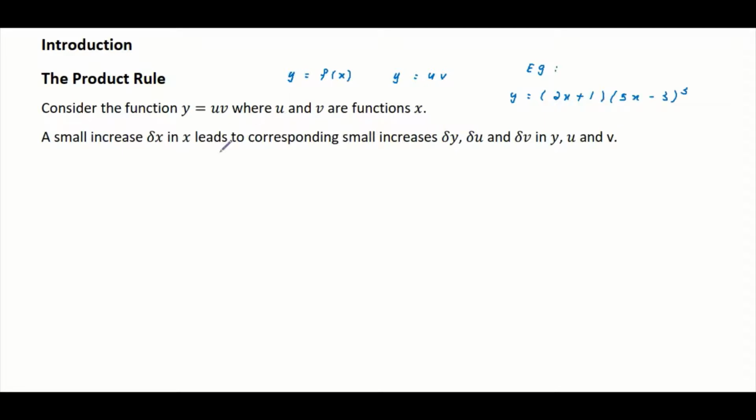Okay, so let's go through the derivation briefly, because you didn't learn first principles in P1, so it can be a little difficult to understand the derivation. What is more important is the application after this. Imagine I have y equals f(x) and y equals uv.